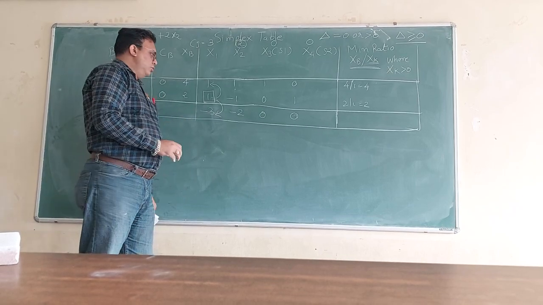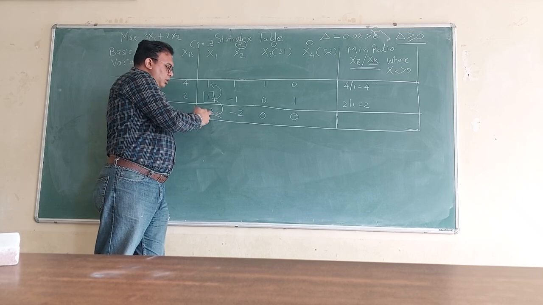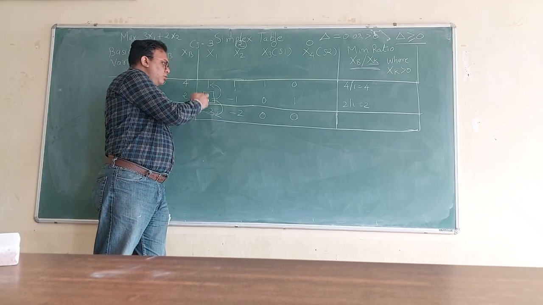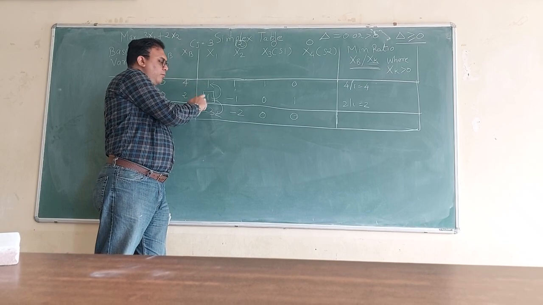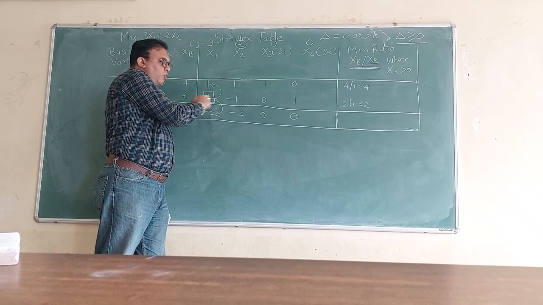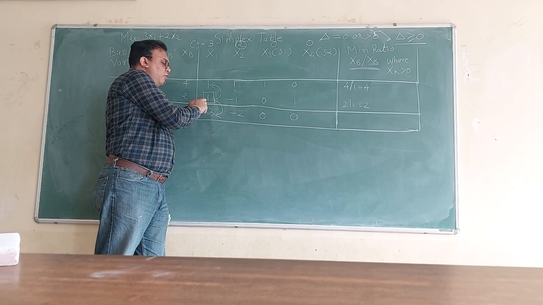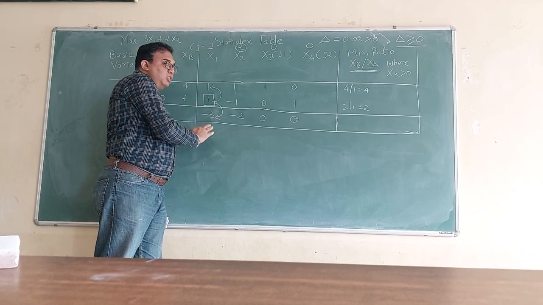As per the rules, we have to convert this value as a 0 and that value as a 0, right? But the second row which we find from the key element, that we have to put the same.